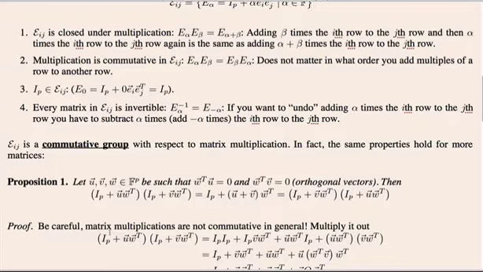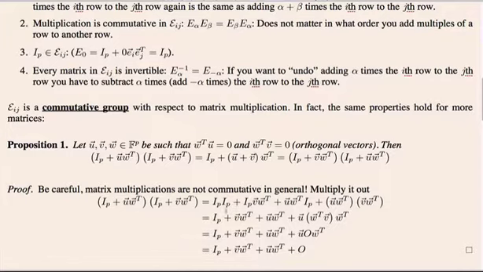You have to pay attention that matrix multiplication in general is not commutative. So if you multiply out the left-hand side, you get identity times identity, identity times VW transpose, then UW transpose times the identity, and then UW transpose VW transpose.